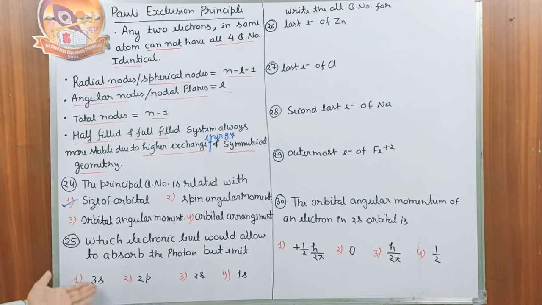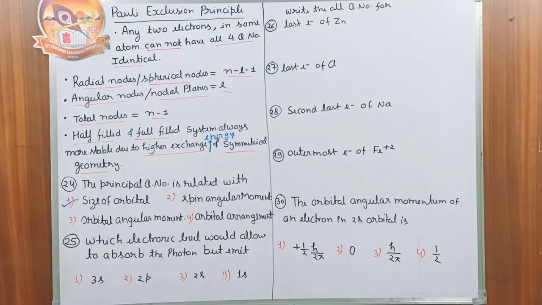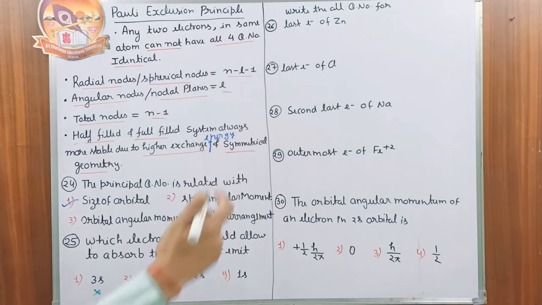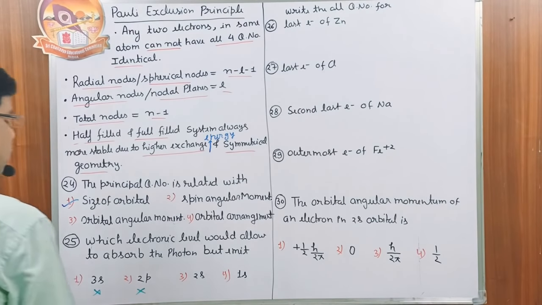When an electron from 3s comes to 2s, it releases energy. So for this the condition is not valid. Then 2p: 2p can absorb energy and go into 3p, and a 2p electron can come into 1s, so it can also release energy. So it is also not possible.